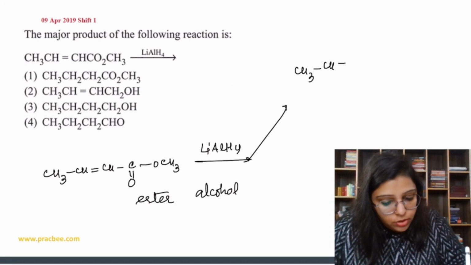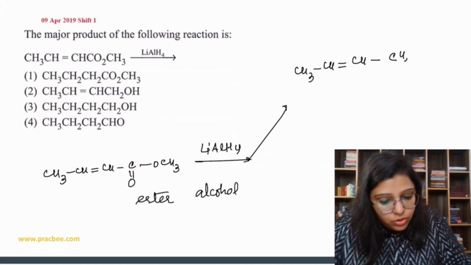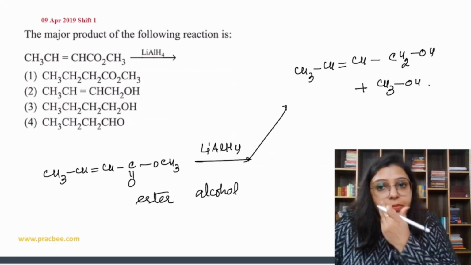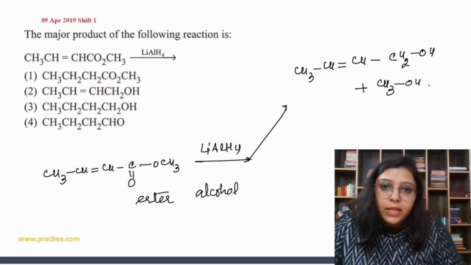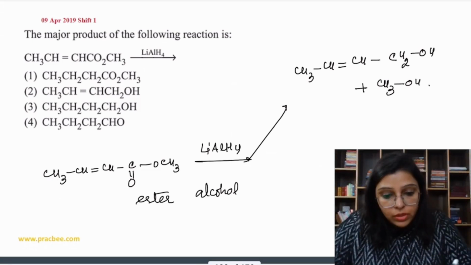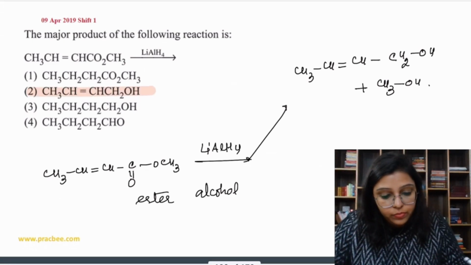CH3, CH double bond CH, then CH2OH plus CH3OH. Clear? That's it. So the answer is 2.